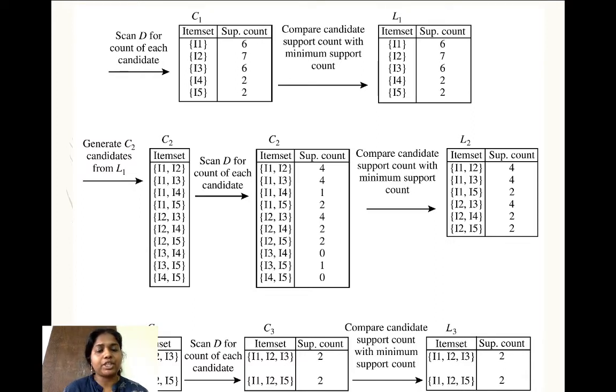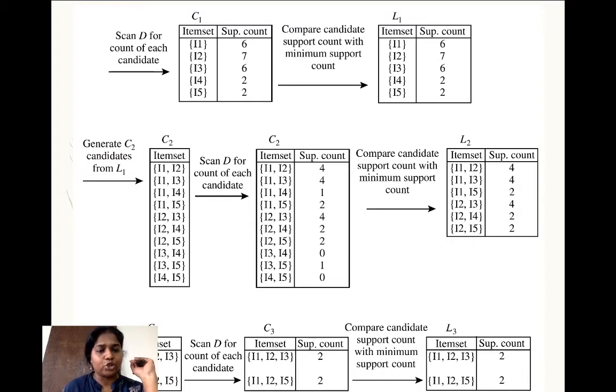The first predecessor in C3 will be I1, and following I1 I can have three possible combinations of I2, I3 and I5. They can be I1 followed by I2, I3, I1 followed by I2, I5, I1 followed by I3 and I5. Clear?